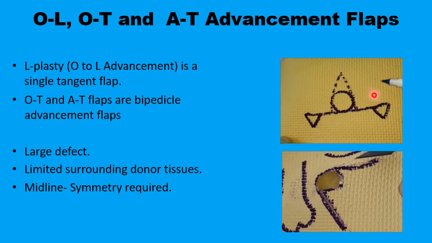You use tissues from both sides of the defect, advance them or rotate them over the minimally distorted bar of the T, and have two small porous triangles on either side of the horizontal bar of the T, and that would give you the A to T or the O to T type of reconstruction.